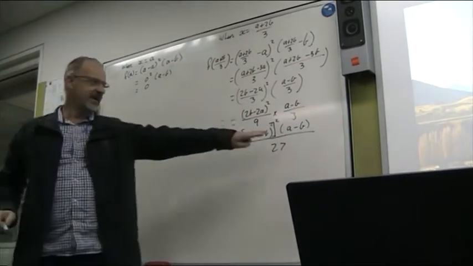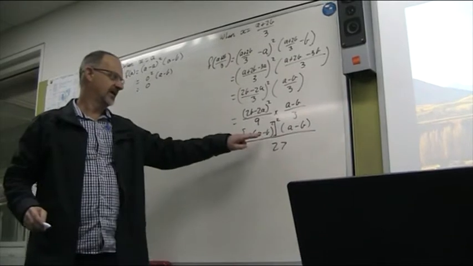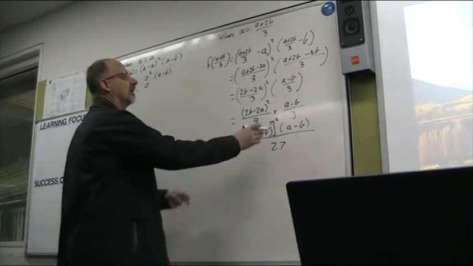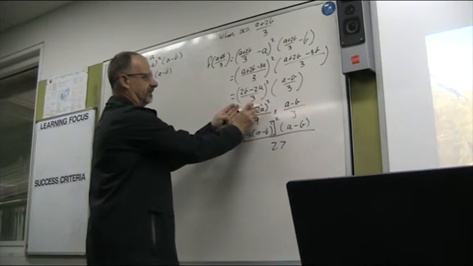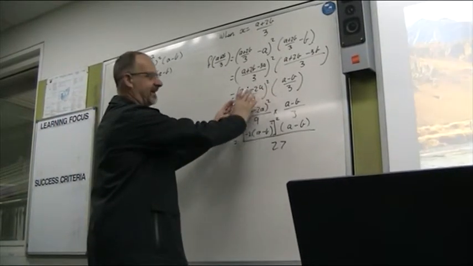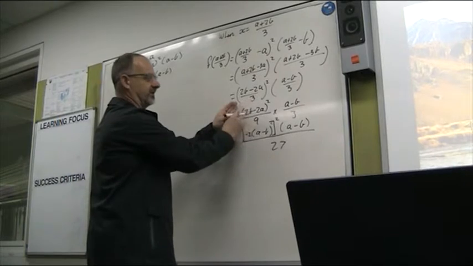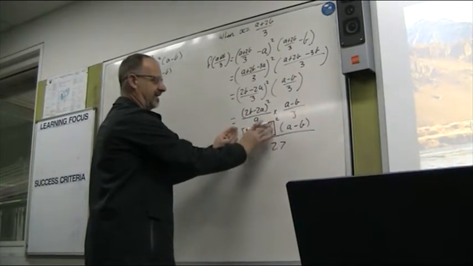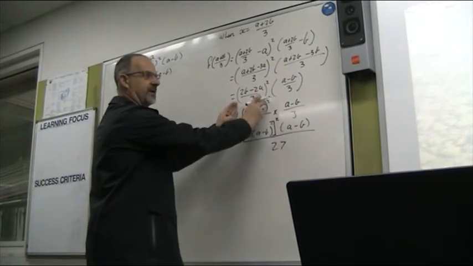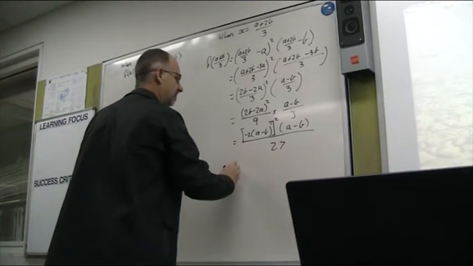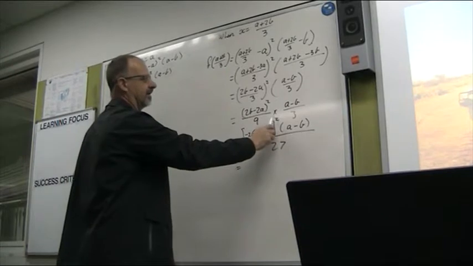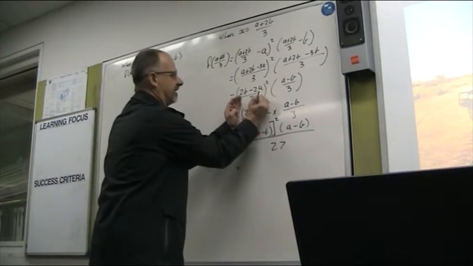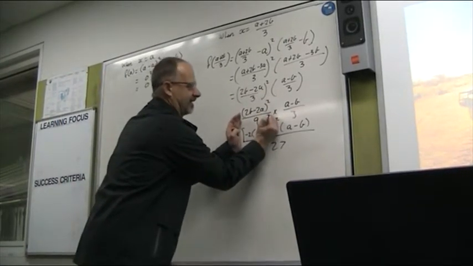And so then I've got an a minus b here, yeah? And an a minus b here. Now the square bracket, I still haven't squared that yet, so I've just taken the minus 2 out as a common factor and still kept it inside here. Is that 2 meant to be inside that? No. So all I've done is I've changed that to that.